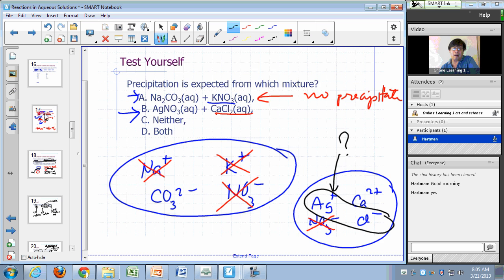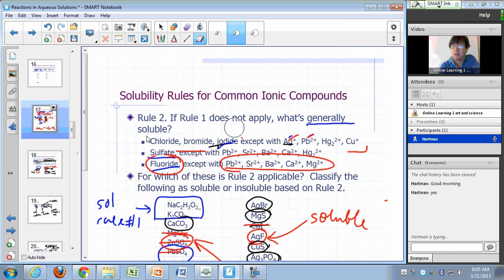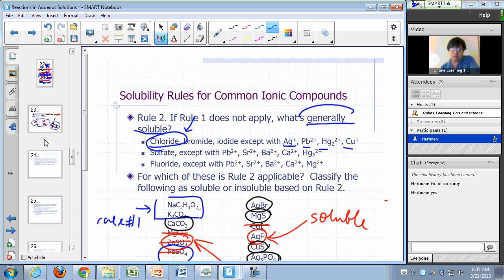What did we have? Rule number 2 says, if you have a chloride, all chlorides, with the exception of those in combination with lead, silver, mercury 1, and copper, they are generally soluble. So we're dealing with a chloride here, so let's go back to our question.